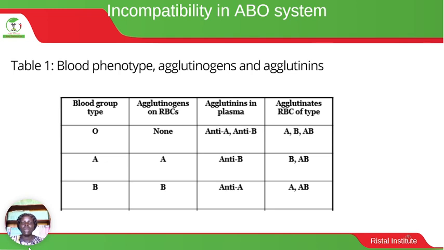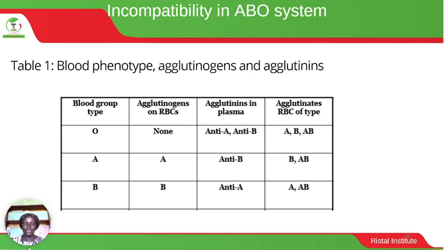So the person with blood group O will agglutinate with someone with blood group A, blood group B, and blood group AB. This means that if he's given blood from any of these, he will react to it. That is why I said that he will only receive blood from someone who is also blood group O.